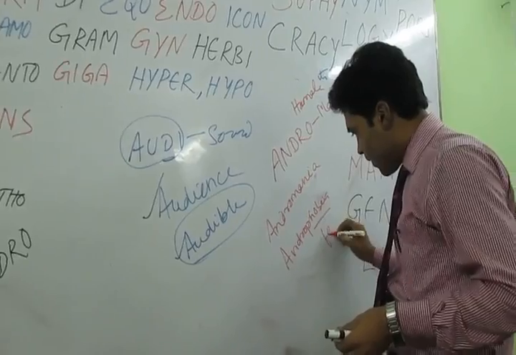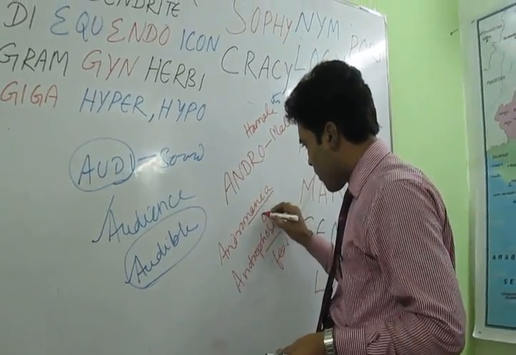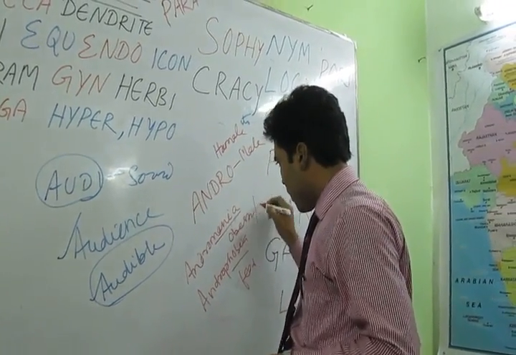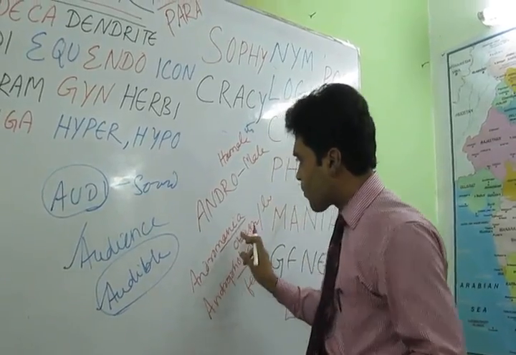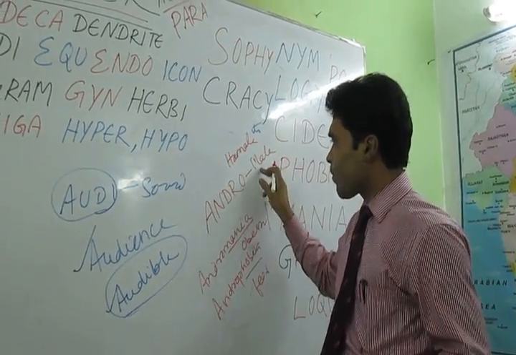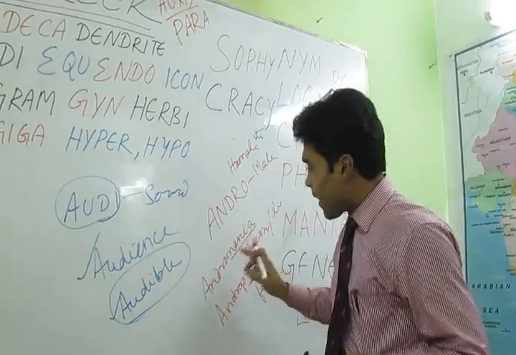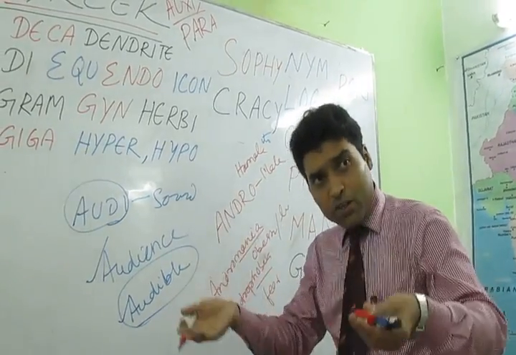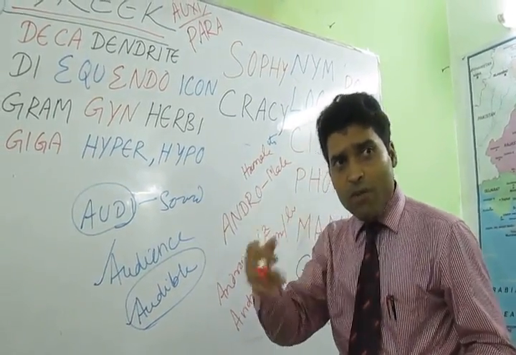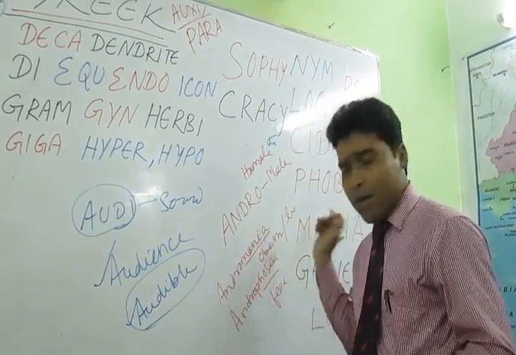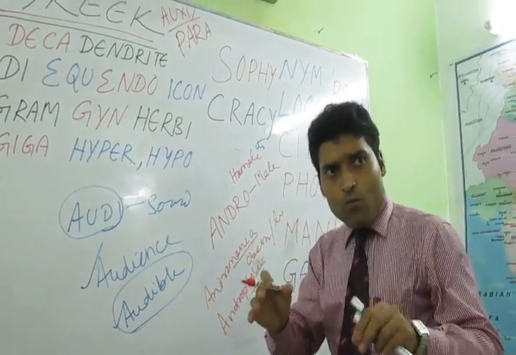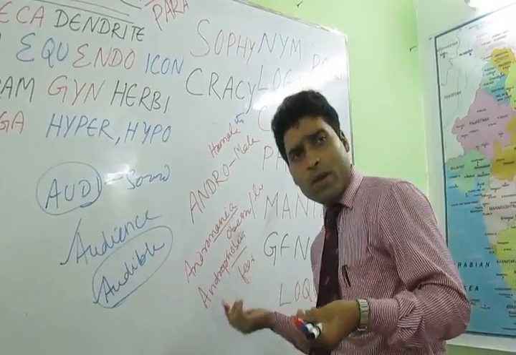Phobia means fear, and mania means obsession or love. So androphobia means fear of males. Andromania means if you love male persons. Suppose one girl loves male persons, then andromania. Some girls who fear male persons have androphobia.